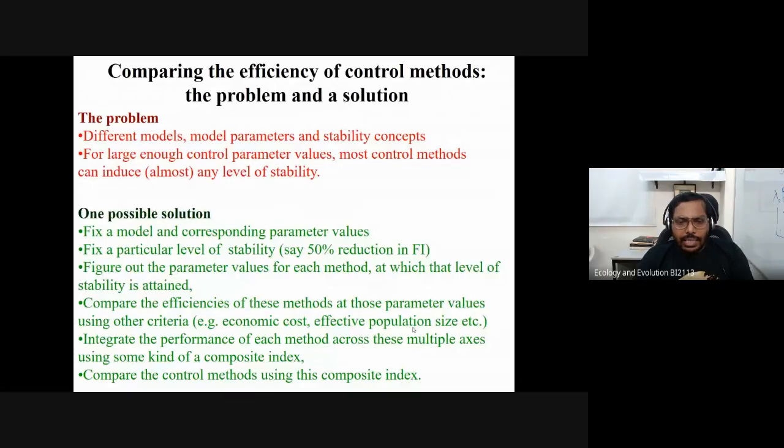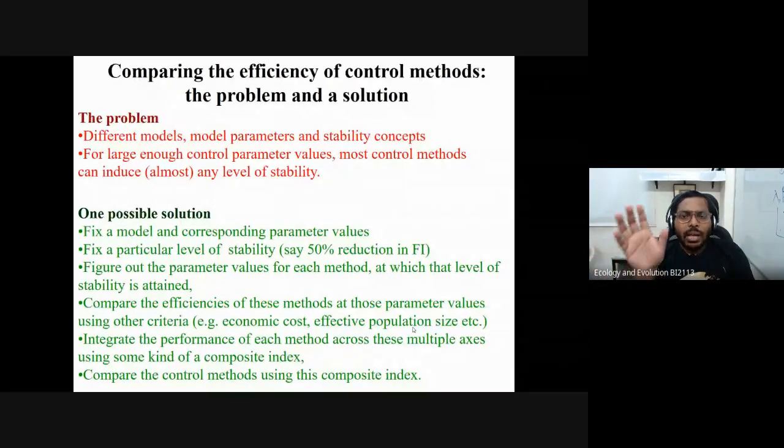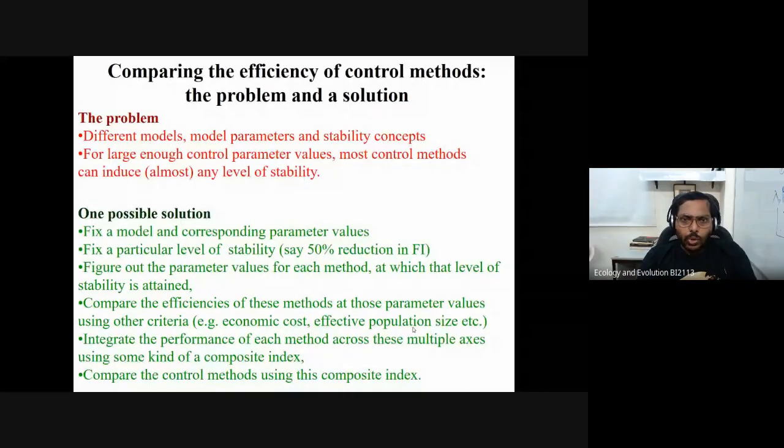And then you end up integrating the performances of all these methods using some kind of composite index, and only when you have done all these steps can you directly compare one method against another, apple to apple comparison as opposed to apple to orange comparison, and then say this is a good method and this is not so good a method.